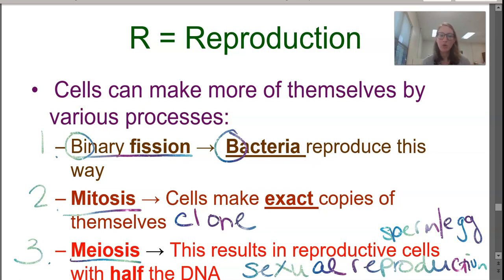So meiosis is really cool. Or cats and dogs, any organism that reproduces sexually reproduces through meiosis, and meiosis is how they make sperm and eggs. So all living things need to reproduce. They can do it 3 ways. If you're bacteria, you do binary fission. And then most organisms, if you're not bacteria, do mitosis and meiosis.